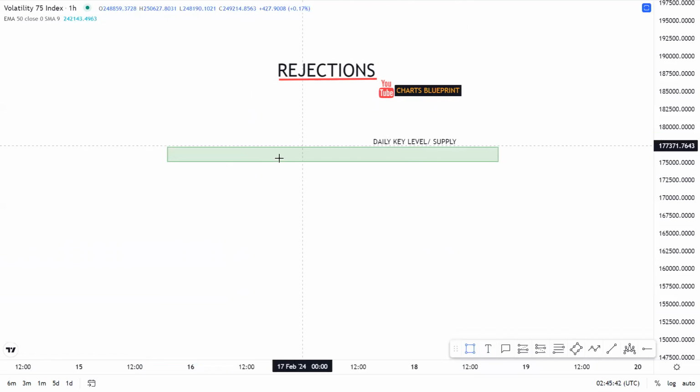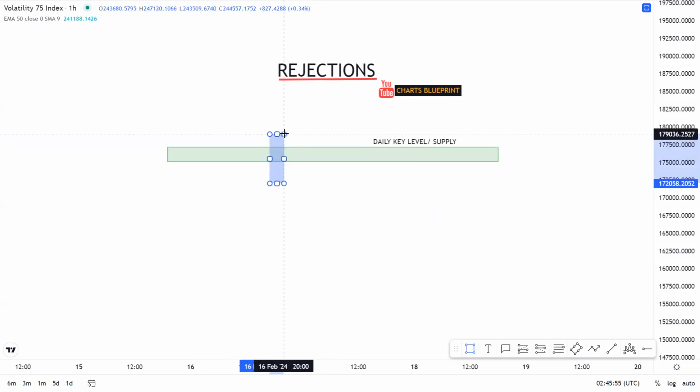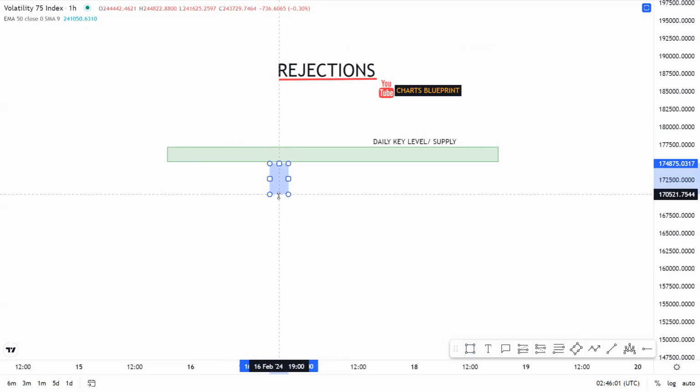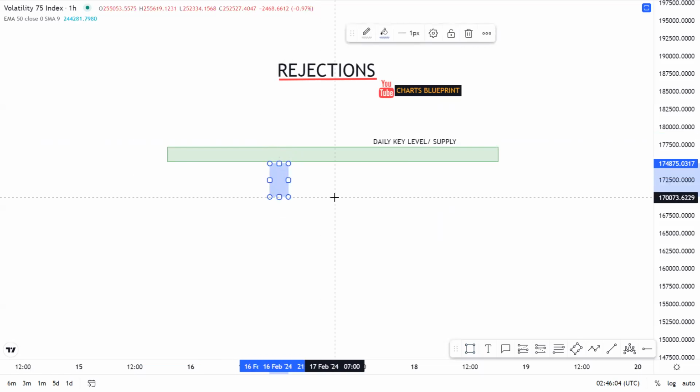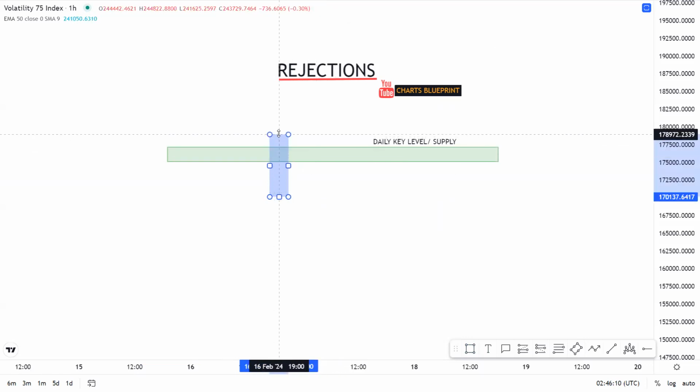Now, if we are at this daily level of supply, I need to wait for price to close above the level or close below the level. And then if price does close above the level, there is no trade.